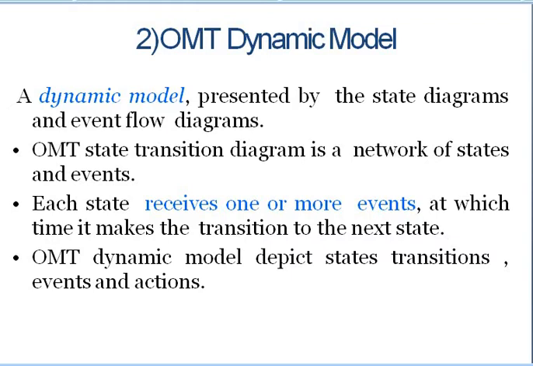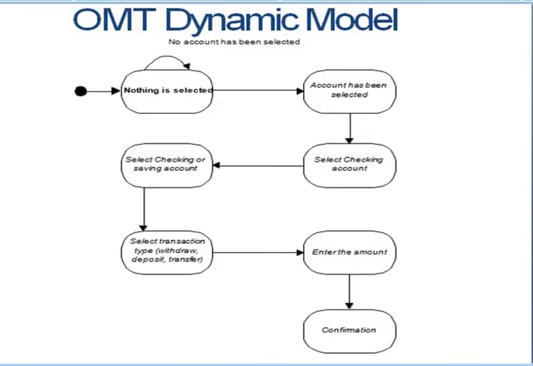The dynamic model depicts state transitions, events and actions. This state transition diagram is shown here for a bank application user interface. The round boxes represent the states and the arrows represent the transitions, as shown in the figure.